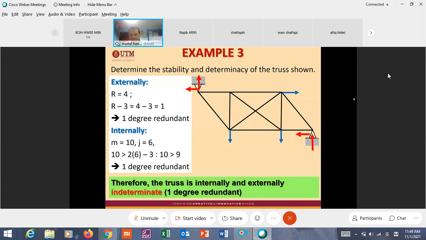Okay, then An-Nur. Okay, if we follow this it's easy. Andi. Okay. Ang. Okay, Anis. Atira. Nur Atira. Oh, 39.